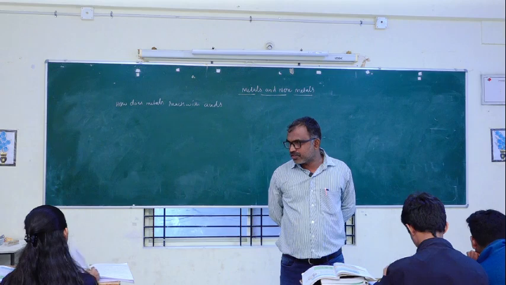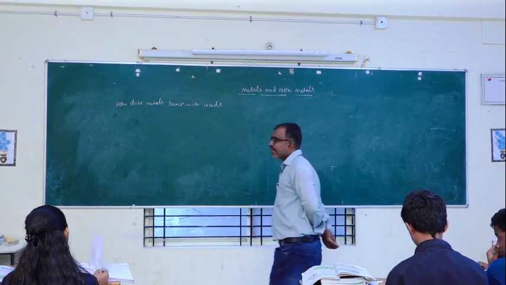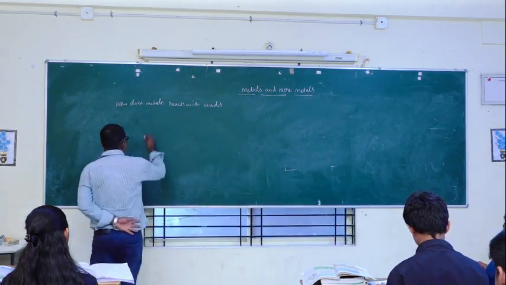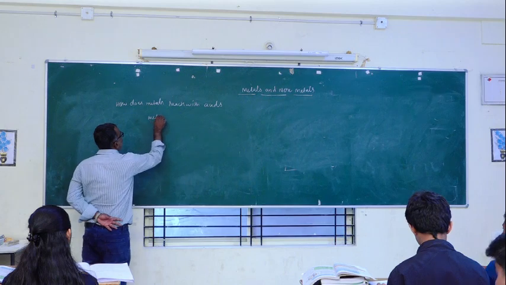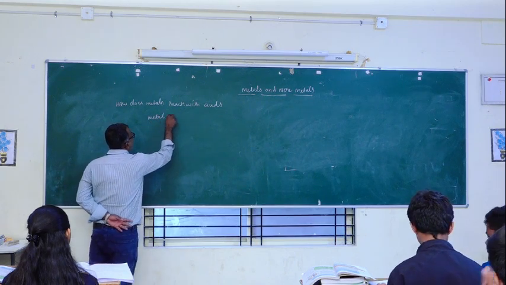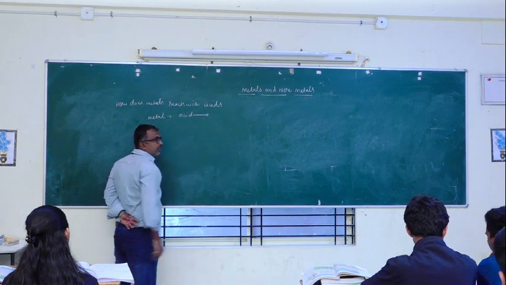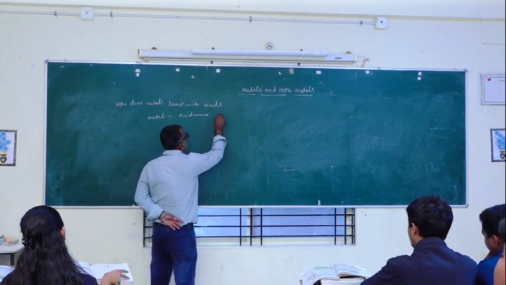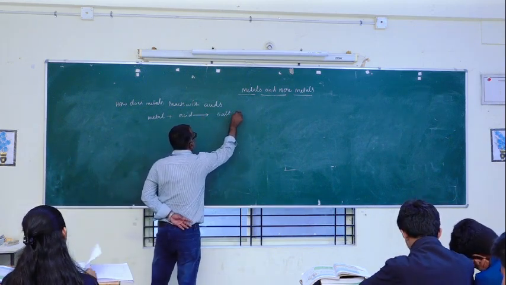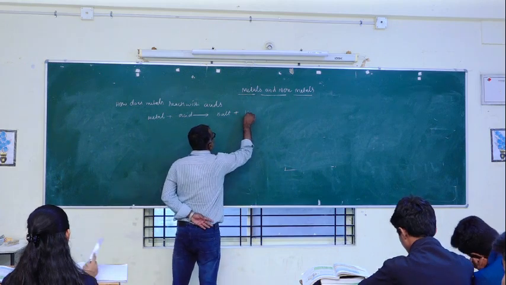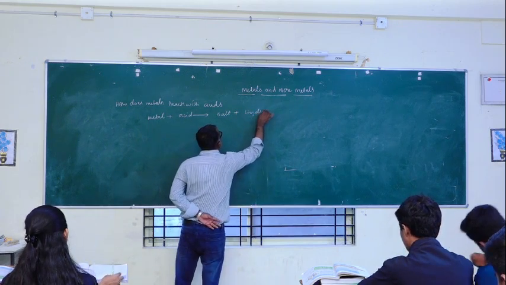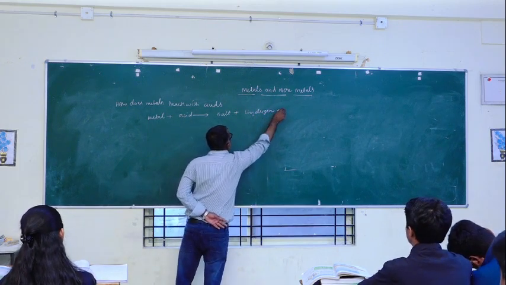Acids, bases and salts. So, what product is given when a metal reacts with acid? It is going to produce salt plus hydrogen gas.